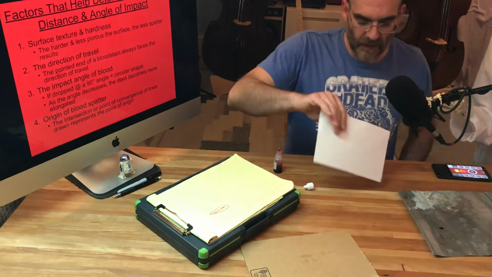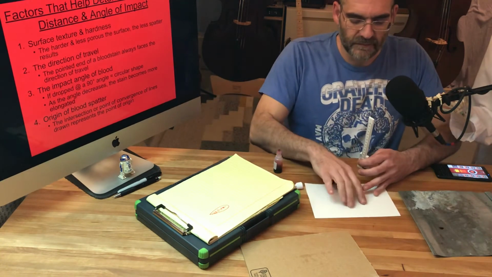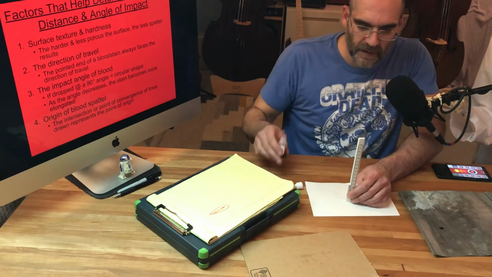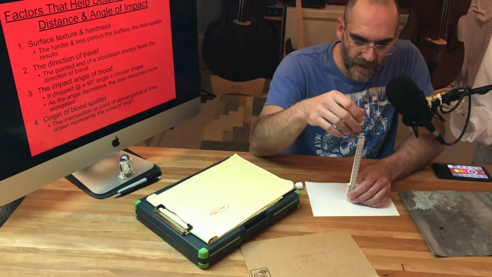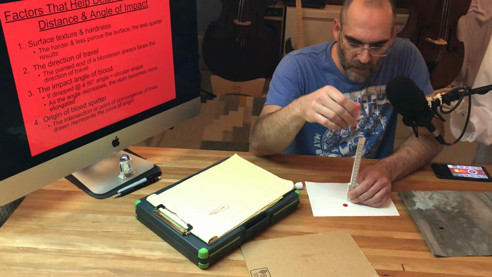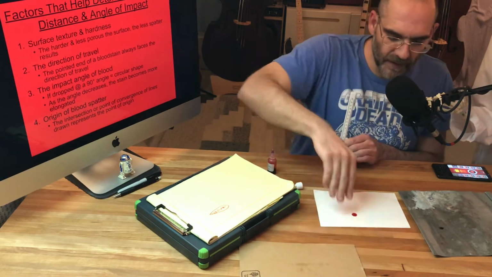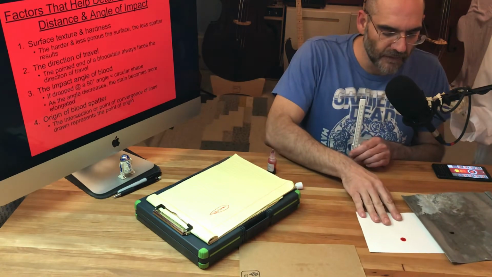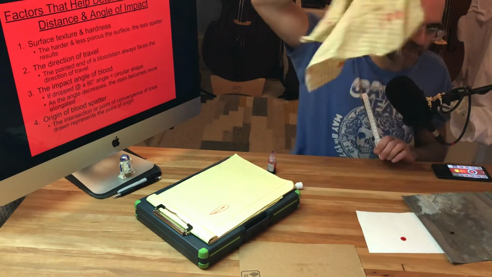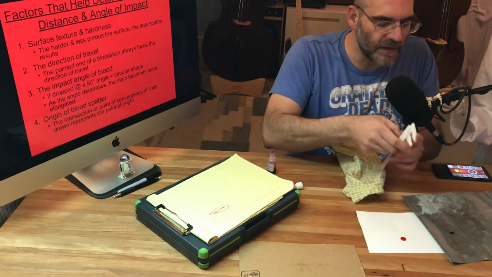Okay, now I've got some cardstock paper. It's got some texture to it. Trying to stick to the same height to be consistent here. One drop. Okay, notice how we've got a porous surface there, and that piece of spatter, we can even measure it if we don't believe ourselves.